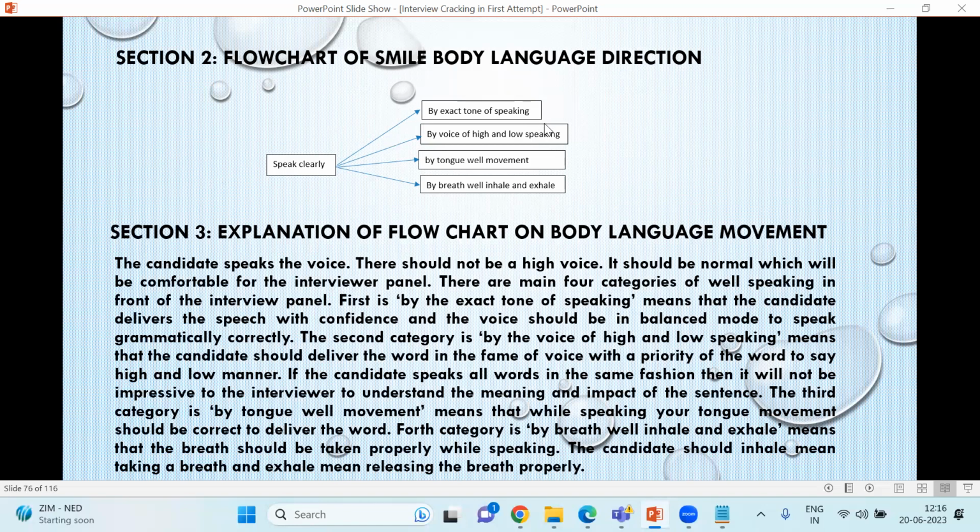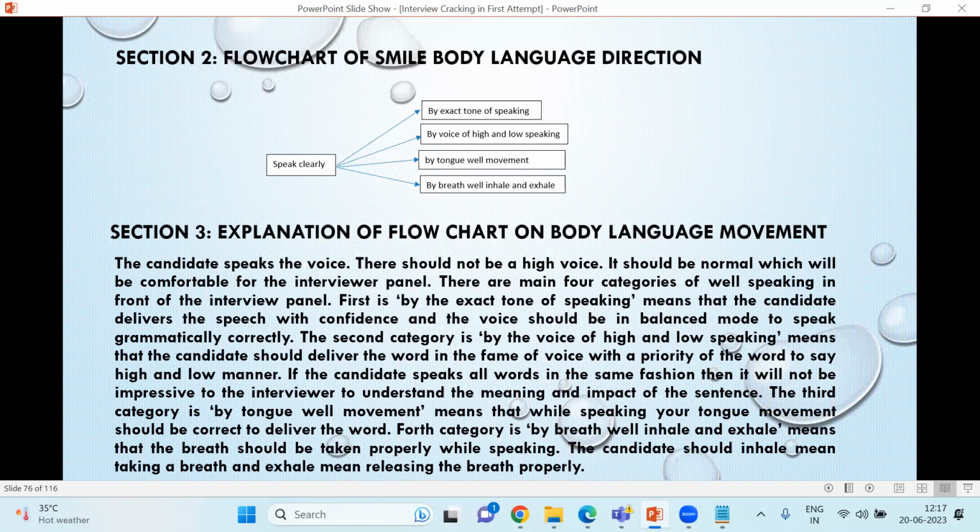It means that for any sentence you try to explain in front of the interview panel, there should always be a slow pace on the pronunciation of any word.